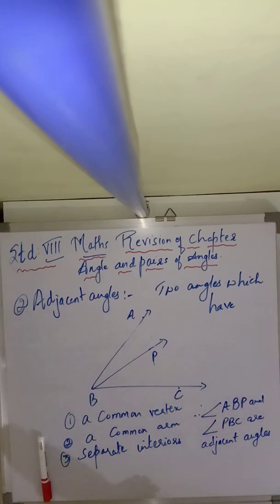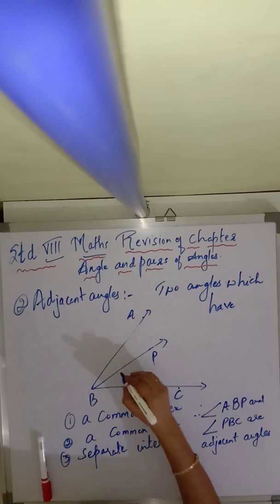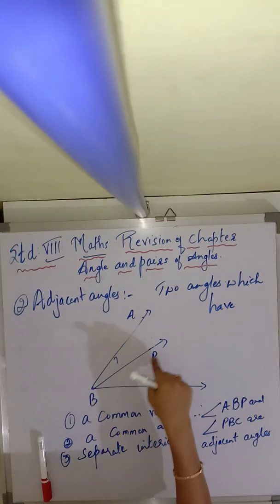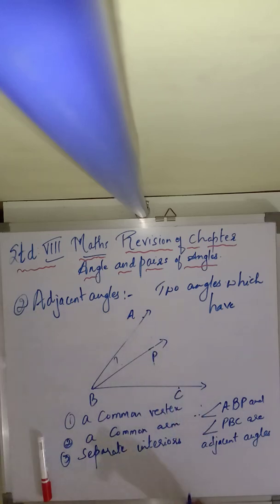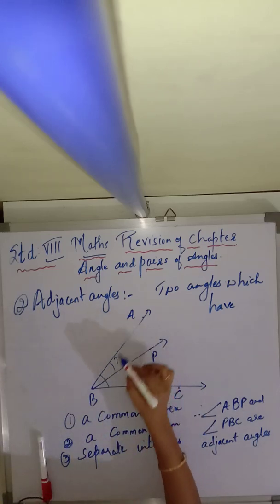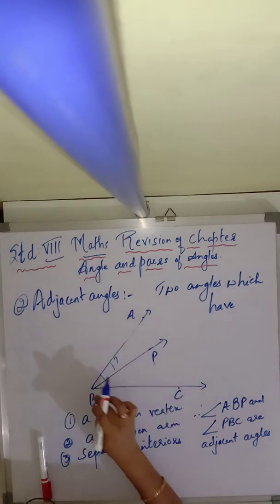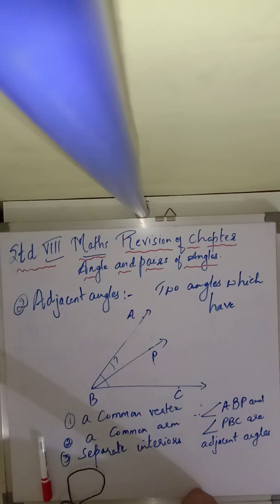Now children, tell me, is angle ABP and the full big angle ABC both called adjacent angles? No, they will not be called adjacent angles. Why?